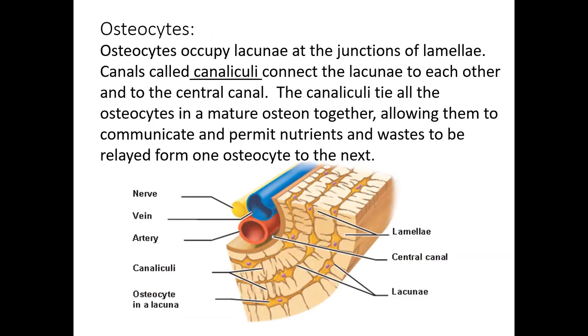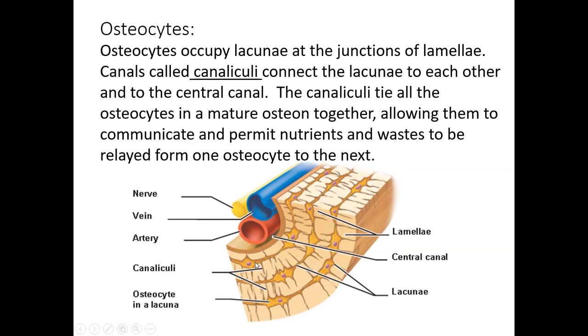The function of the osteocyte, number 21. Osteocytes occupy the lacunae at the junctions of the lamellae, and canaliculi connect the lacunae to each other and to the central canal. So basically, it's indicating that the central canal is the location again for the nerve, the vein, and the artery.